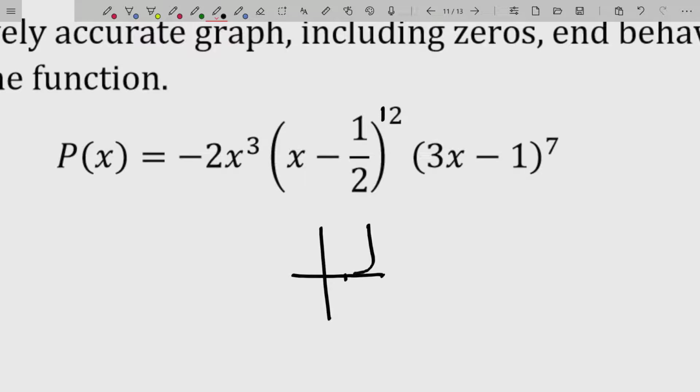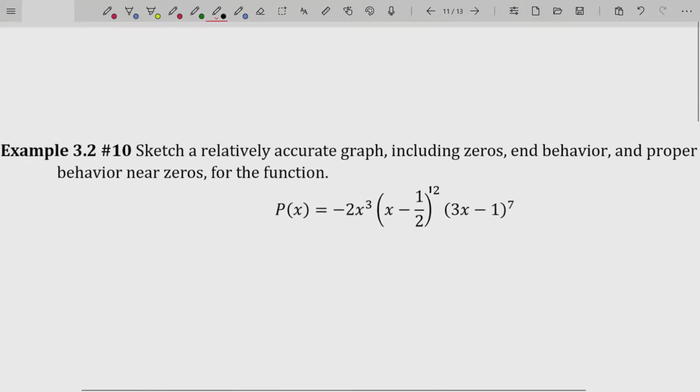If you didn't know that, that's actually a trigonometry prereq. If you're in pre-calculus and you've never seen that before, that's just the basic idea: the higher the exponent, the flatter it is near that zero of 1/2. That being said, we pretty much have all the power in the world to graph this function pretty accurately.